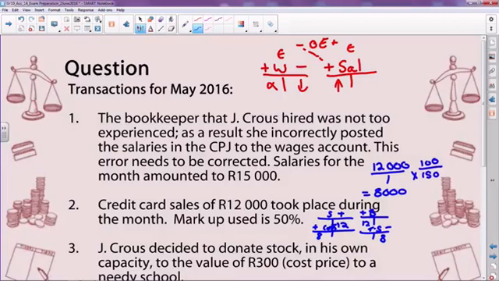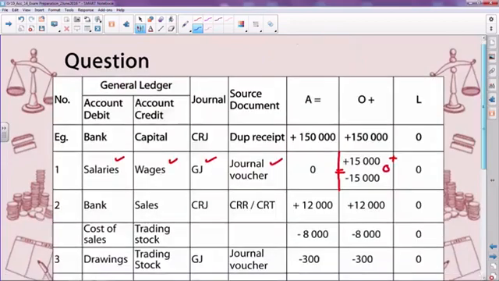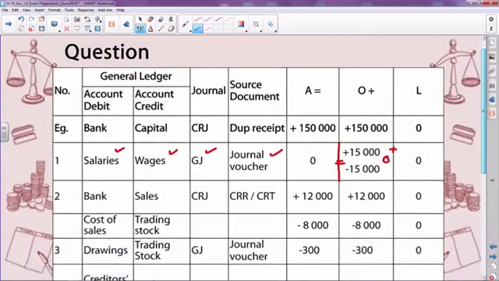So let's go and look in your columns. How did I place it? So here you can see bank went up and sales went up with the 12,000. What journal did I use? I used the CRJ, and then the cash register roll or the cash register tape was used. But now remember, when we have a sale, we always have a cost of sale, and therefore cost of sales went up, which is an expense, and this expense decreased my owner's equity.